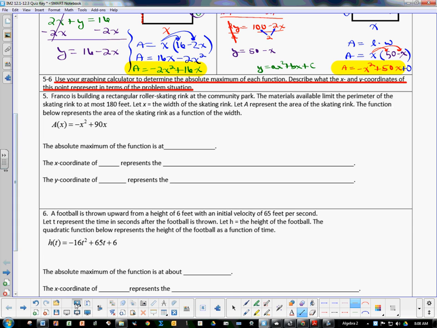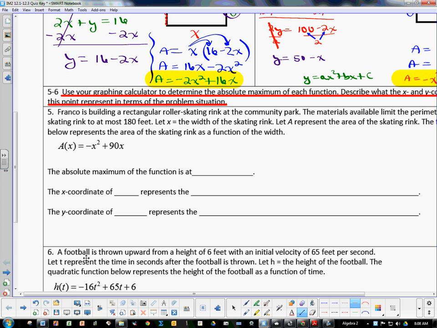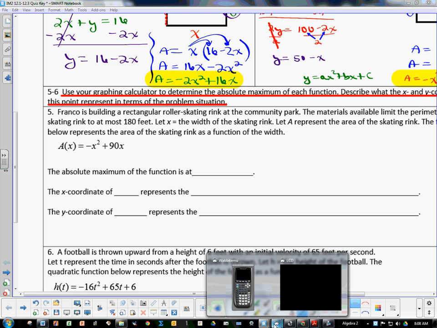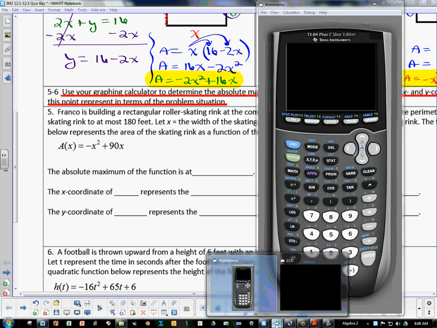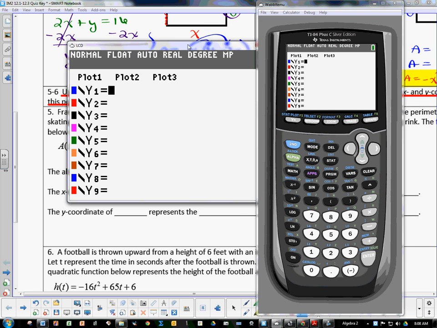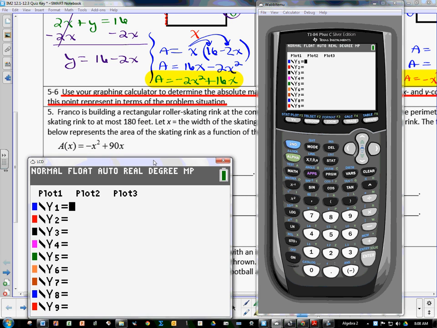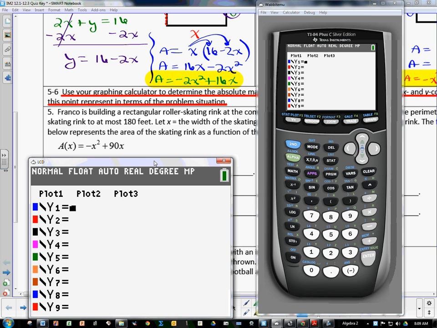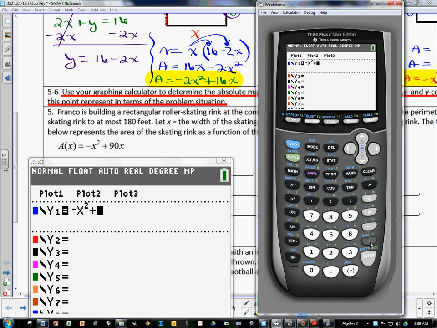So let me zoom in a little bit. We'll take out the calculator. We have negative X squared plus 90X.